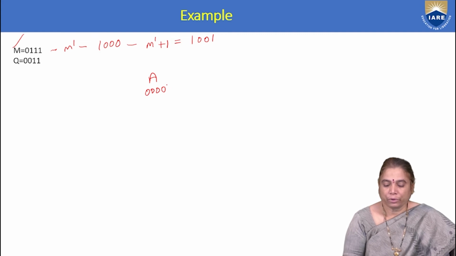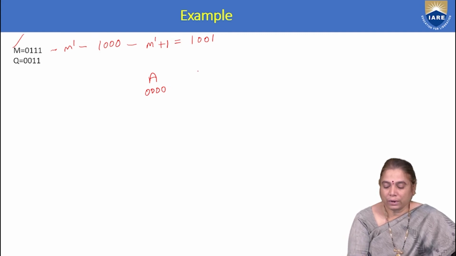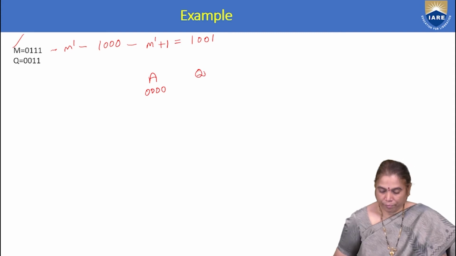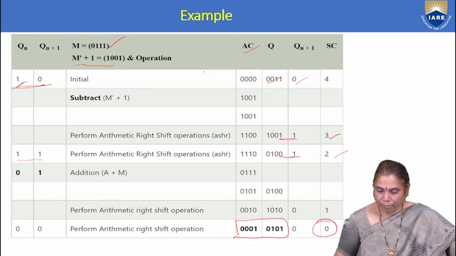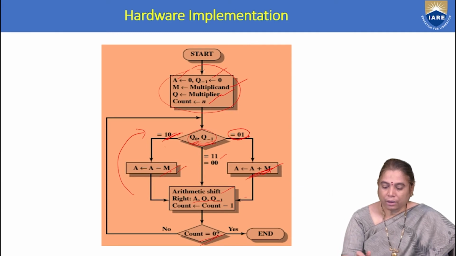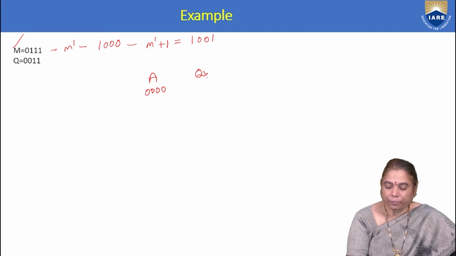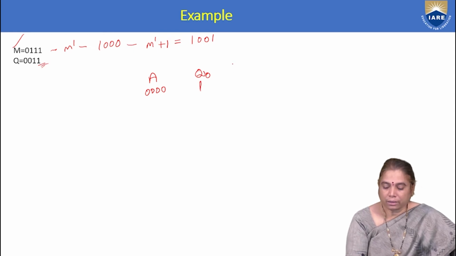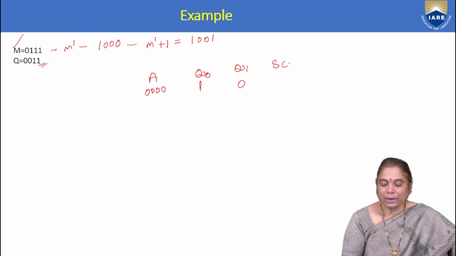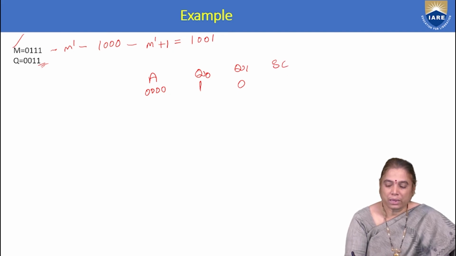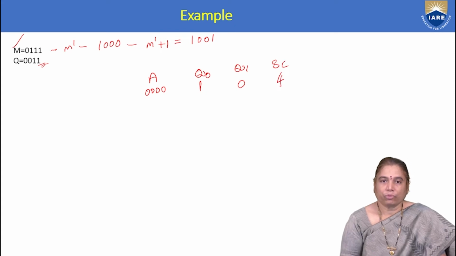That many zeros we have to initialize in A, and Q1 is also 0. Q0 is the LSB of the multiplier. The LSB of the multiplier is 1 and Q1 is initially 0. The counter value is the number of bits in Q, which is initialized here. So it is 4.